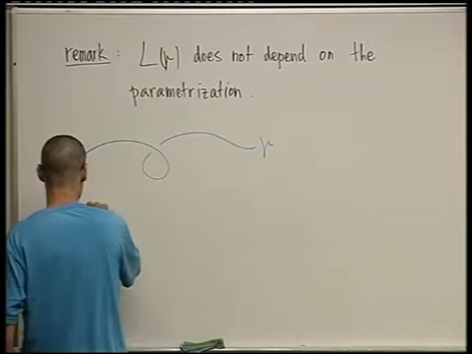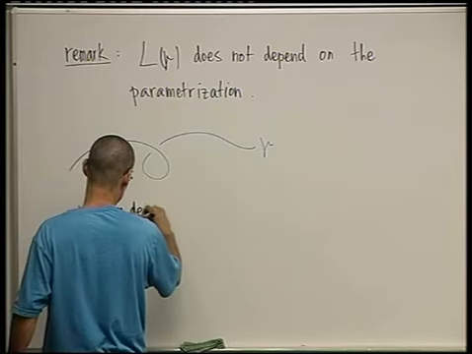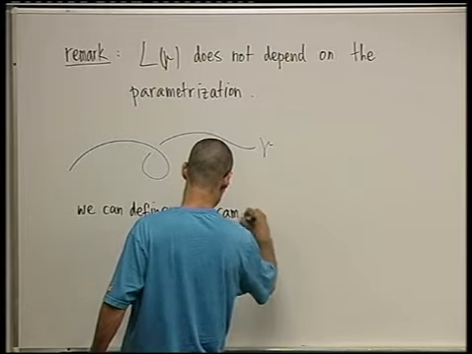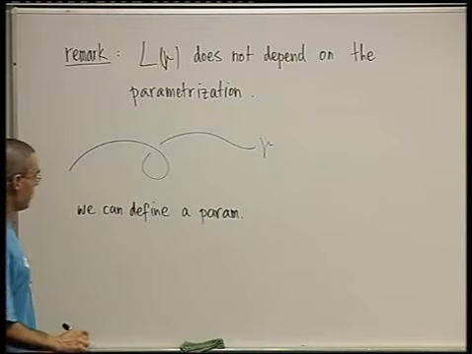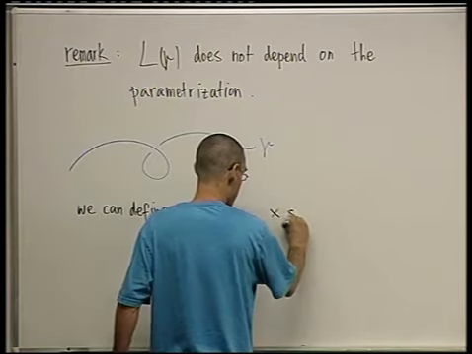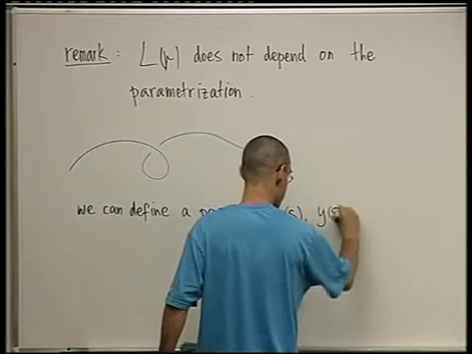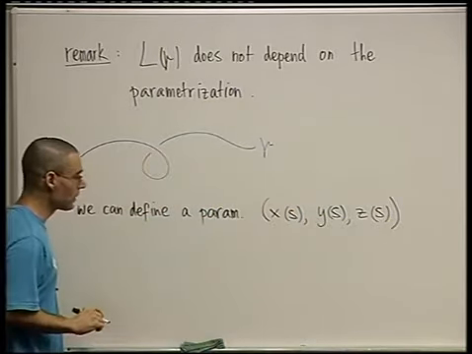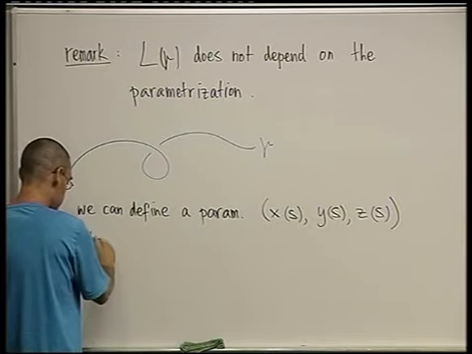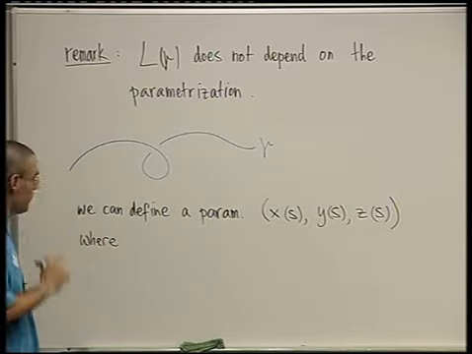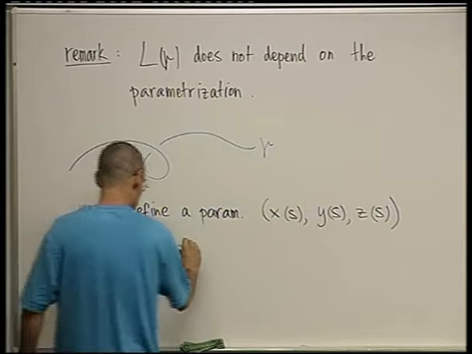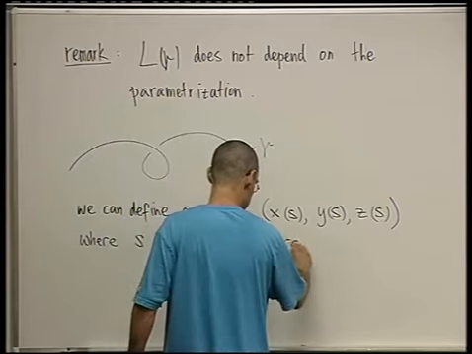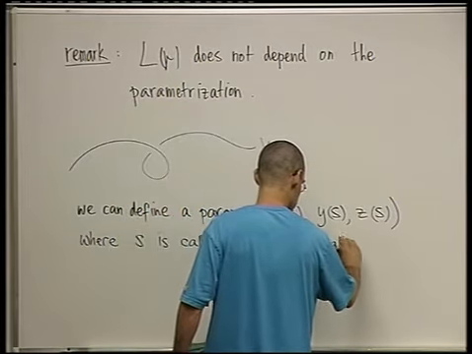So we can define a parameterization x of s, y of s, z of s. This is a new parameterization where s is a very specific parameter, where s is called the arc length parameter.